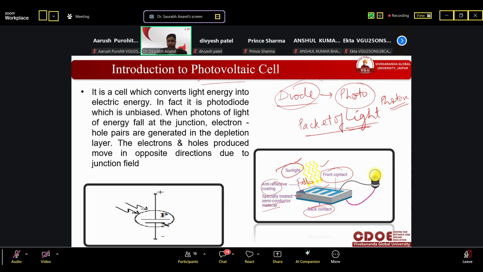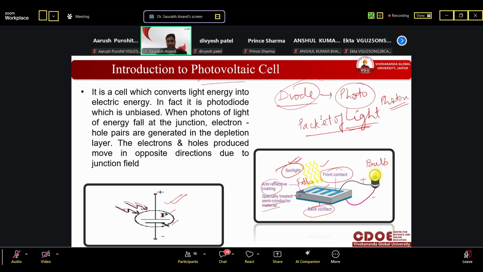So you can see that we have connected this bulb. This is the positive, this is the negative. Once the light falls on it, this is working as a diode. You can see here this is the PN junction, and this is the falling of the light.